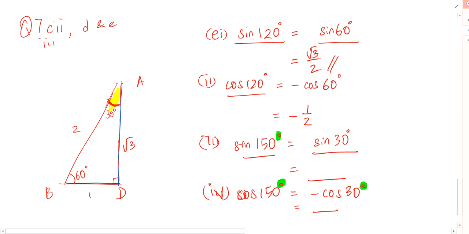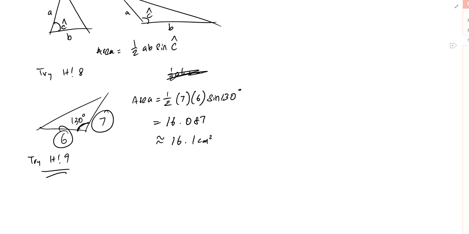Otherwise, I will take it that you are using radian mode, which we will cover subsequently. Okay, so this is for question 6 and 7 for your homework. Then I give you another question. Try it 9. Okay, let's flip to try it 9. Page 20.